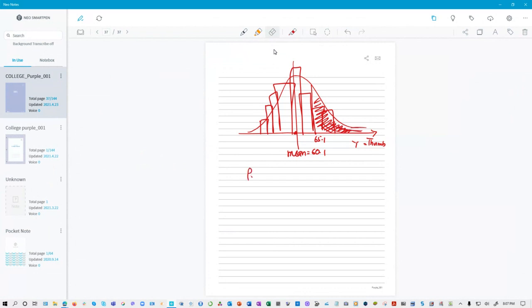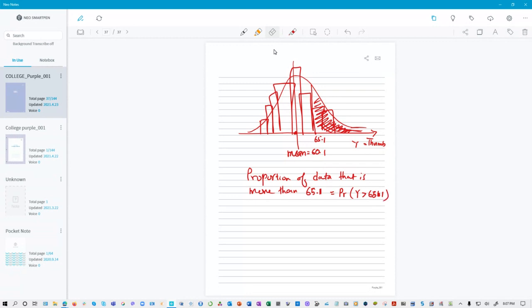The proportion of data that is more than 65.1. If you want, you can write like this: the proportion of y greater than 65.1.